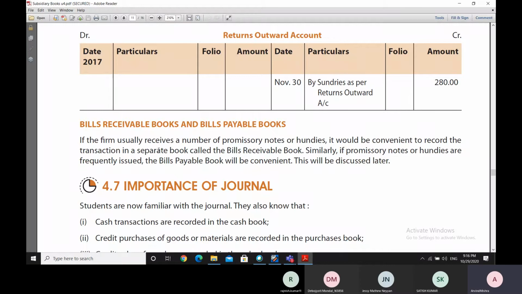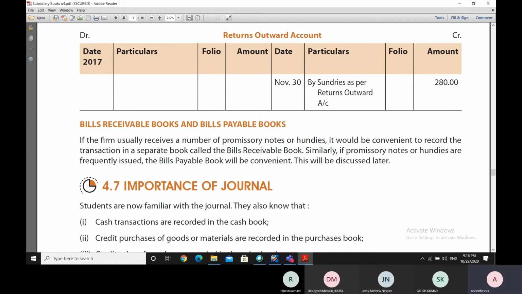So we get about 2 months time to make the payment. So instead of paying cash, we just accept that bill. And the person who made the bill and presented it to us and we signed it, that person gets the bill and he can go to the bank and discount that bill and get the money minus some commission.